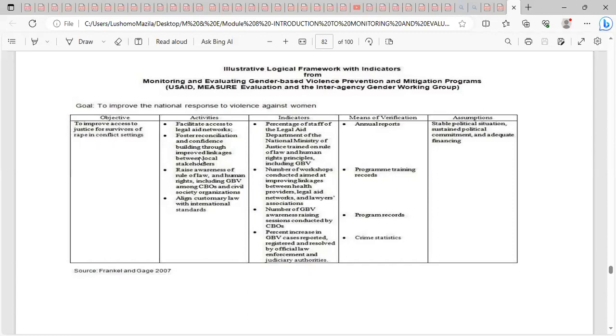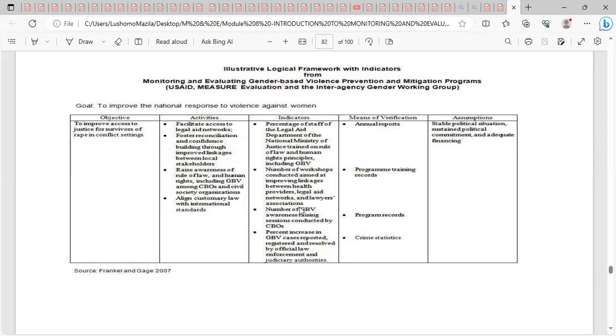Next activity: raise awareness of rule of law and human rights, including GBV, among CBOs and civil society organizations. The indicator towards that activity will be the number of workshops conducted aimed at improving linkage between health, providing legal aid and everything. Get that one? It's the third point where I said number of GBV awareness trainings, isn't it?